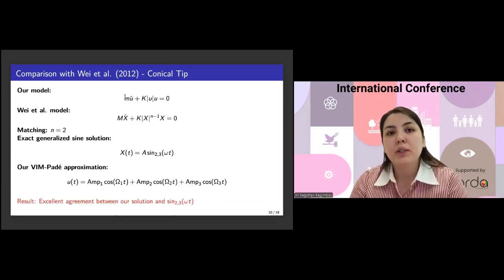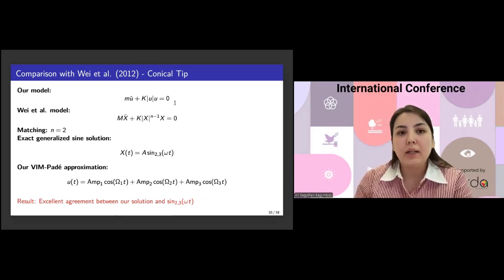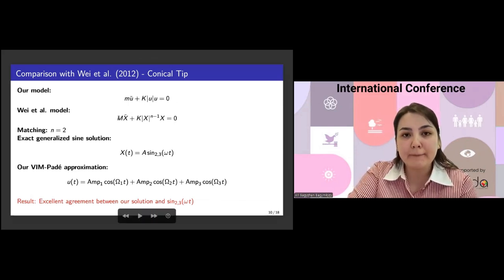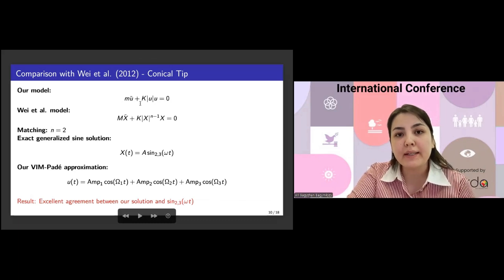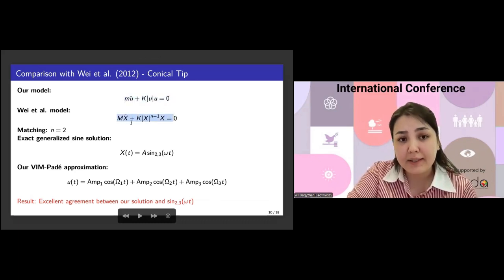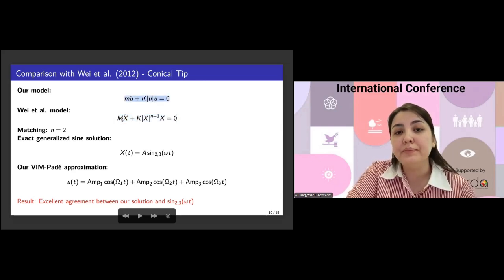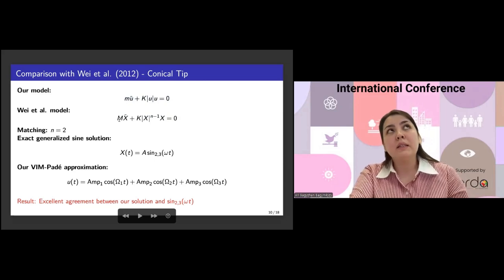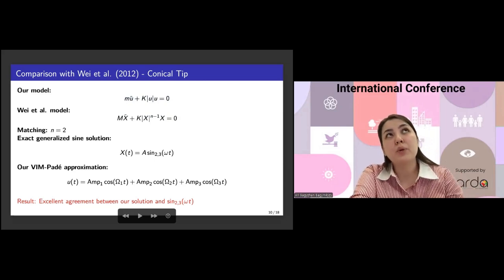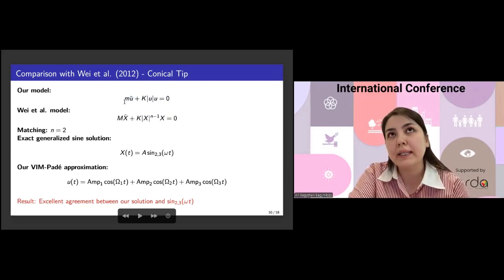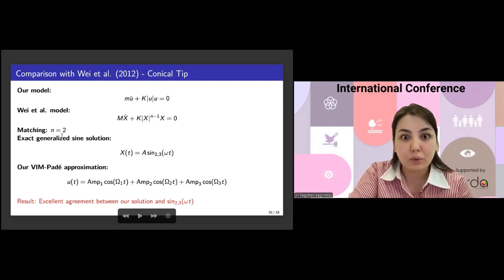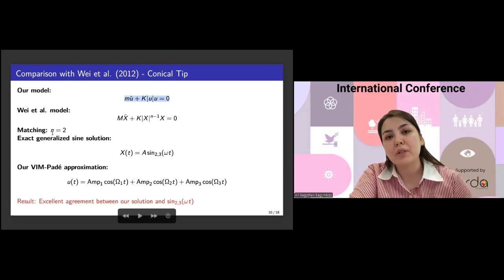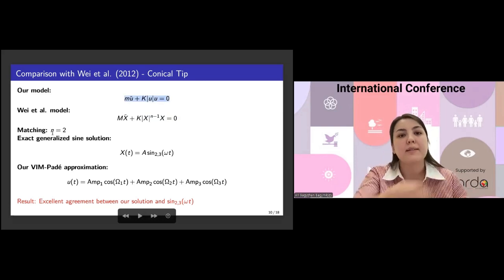Professor Wei studied this equation in his work. He studied this case, and this is our model. In Professor Wei's work, he got the exact analytical solution, and we just compared our approximate solution with his solution.